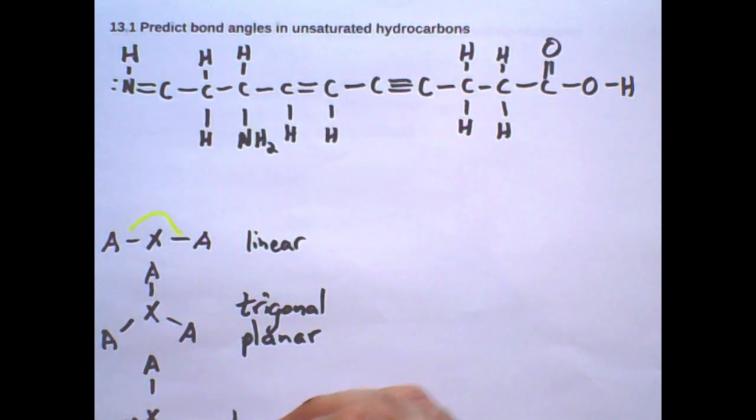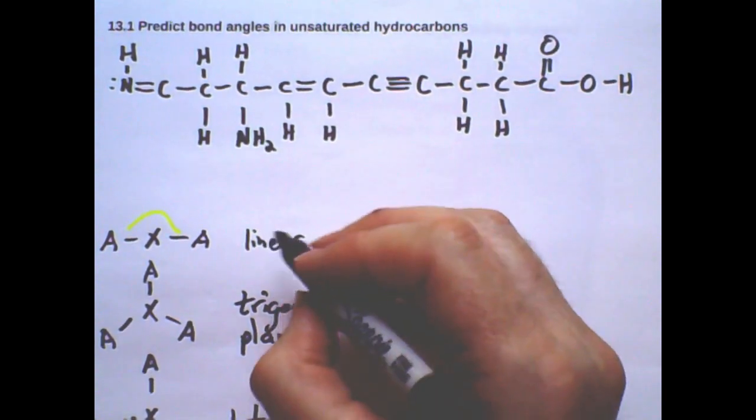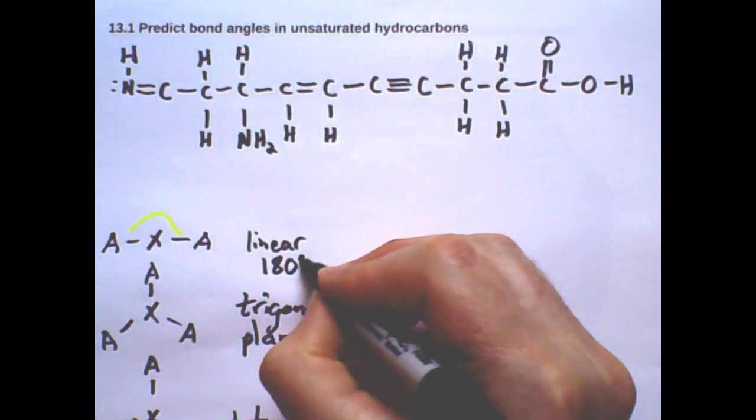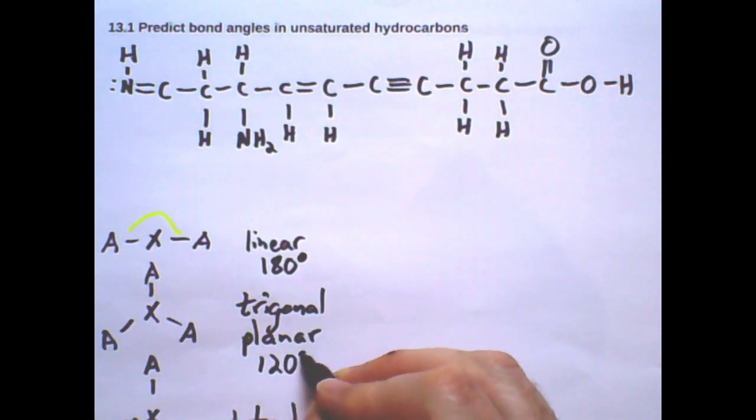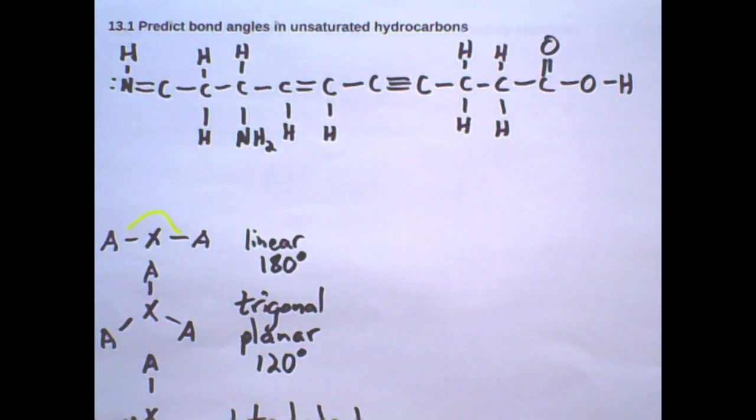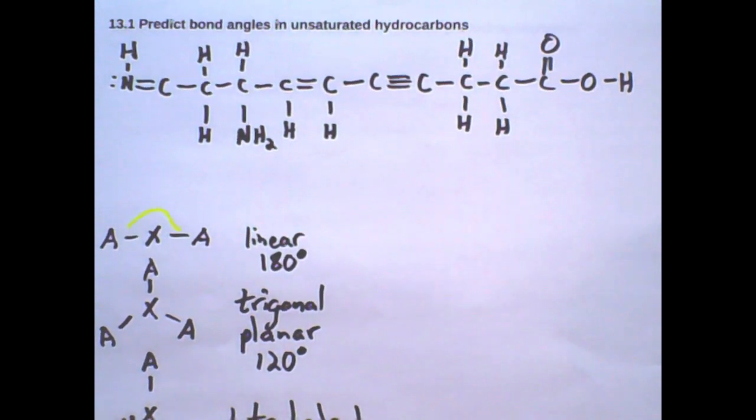And we called that tetrahedral. And each has a bond angle: 180 degrees, 120 degrees, and because these stick into the page and out of the page, 109.5 degrees.